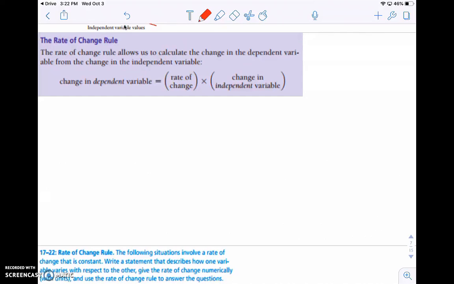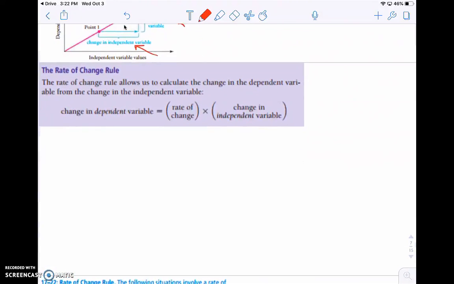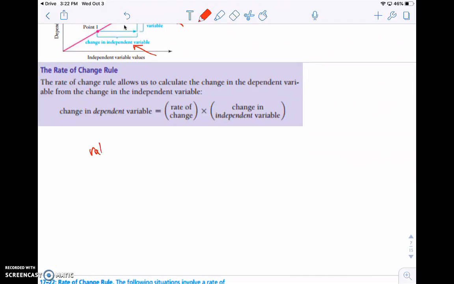So what we're doing is we're taking our rate of change. If you look, our rate of change was equal to the change in the dependent variable divided by the change in the independent variable. I'm just going to abbreviate those.